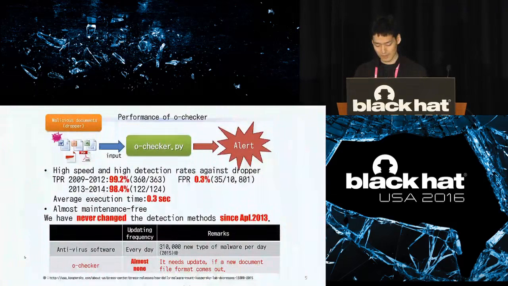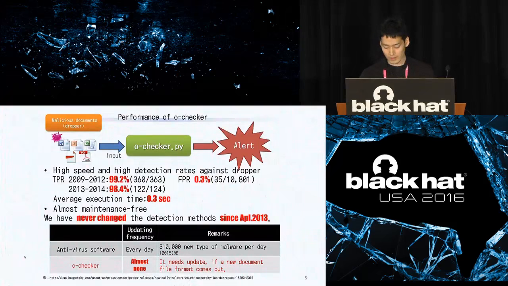So it is safe to use, and the result is independent of analysis environment. O-Checker focuses on the deviation from document file format specification. The specifications are stable and available in open source. O-Checker can detect document malware with a fairly high rate.